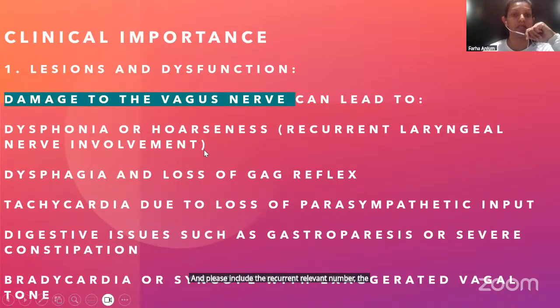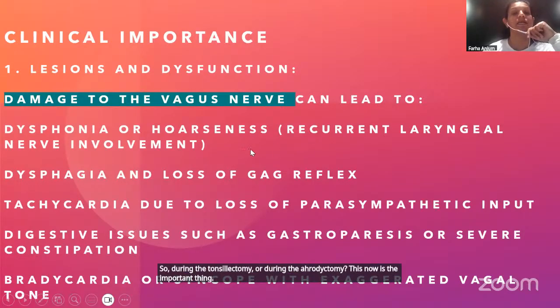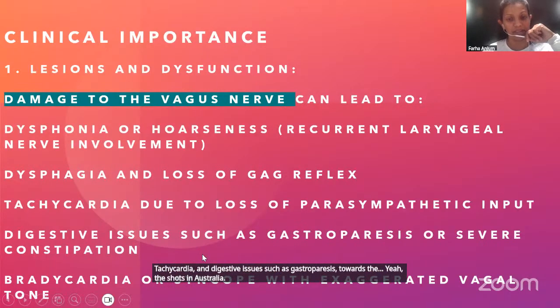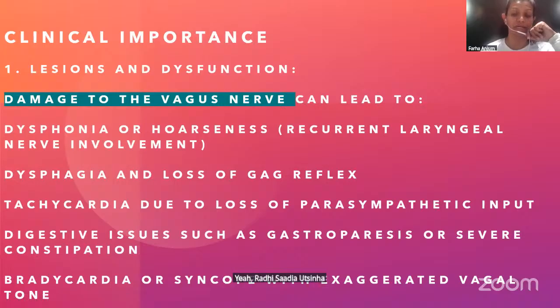So during tonsillectomy or thyroidectomy, this nerve is very important to dissect and to recognize. Damage also causes dysphagia and loss of gag reflex, tachycardia due to loss of parasympathetic input, and digestive issues such as gastroparesis or constipation due to innervation of the intestine, and bradycardia or symptoms with exaggerated pain.